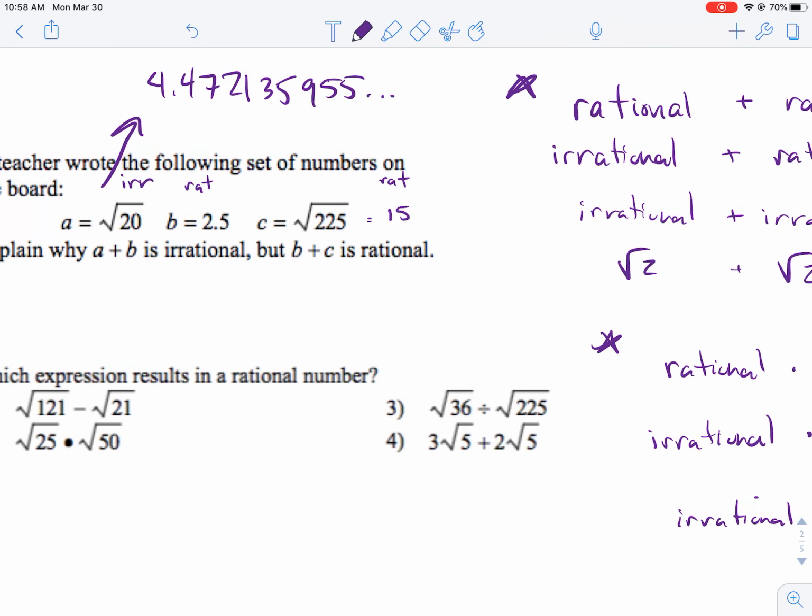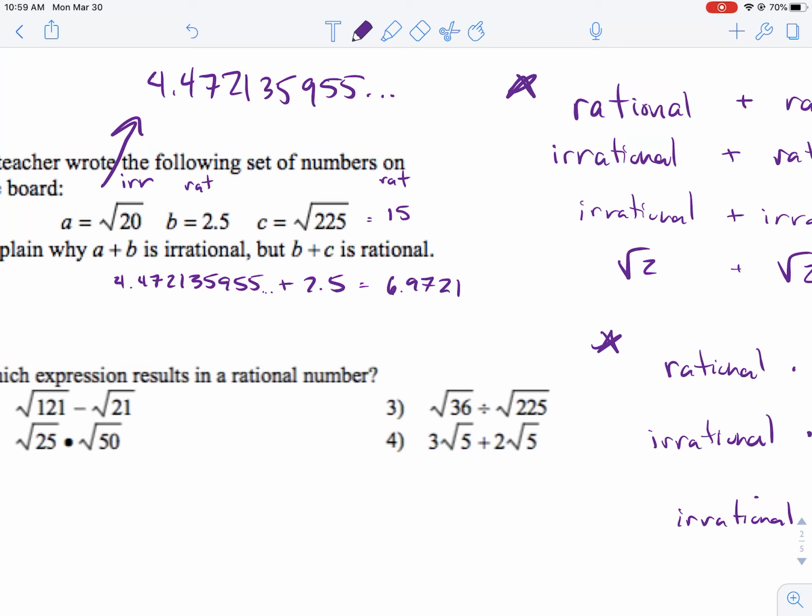So this is explaining why a plus b is irrational, but b plus c is rational. So let's think about this. So a plus b, so you would have 4.472135955 plus 2.5. Okay? When you add those two numbers up, you're going to get some irrational number.